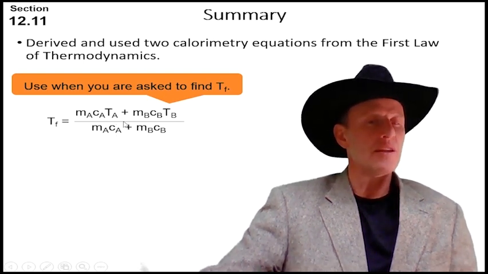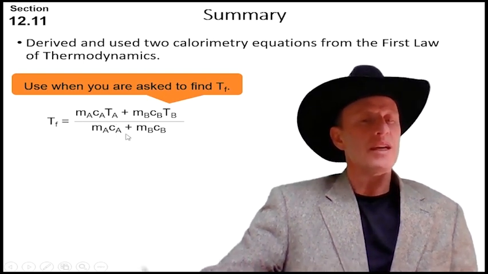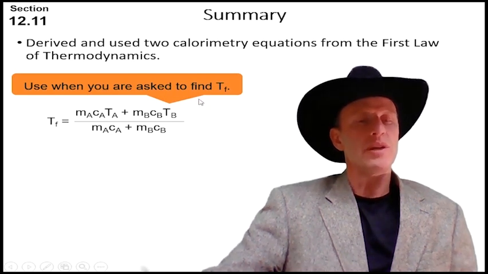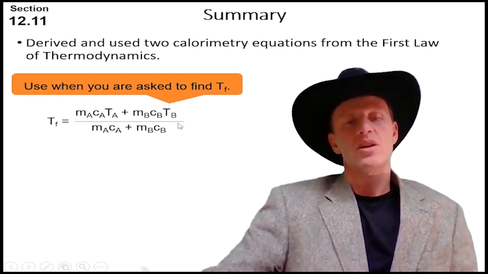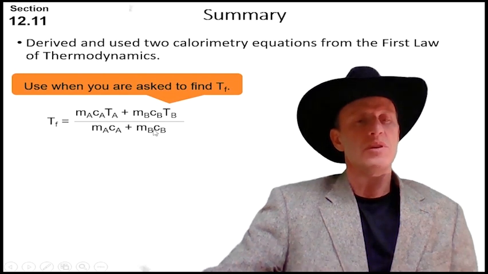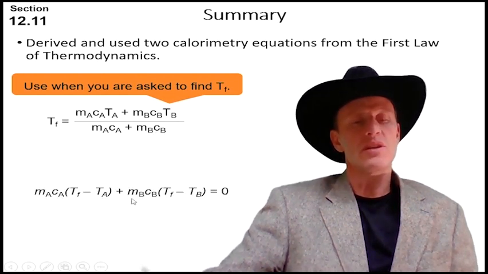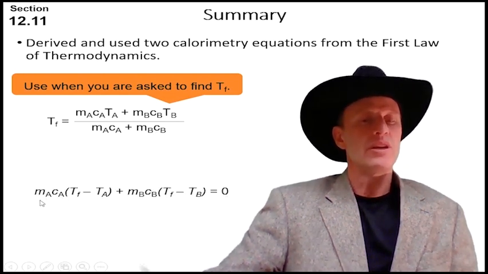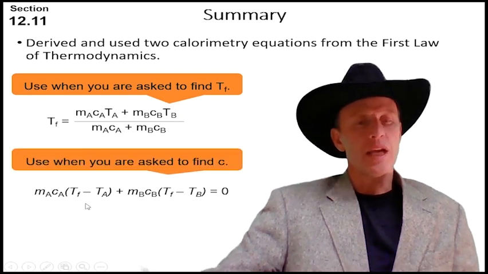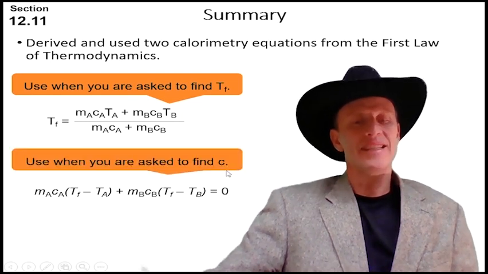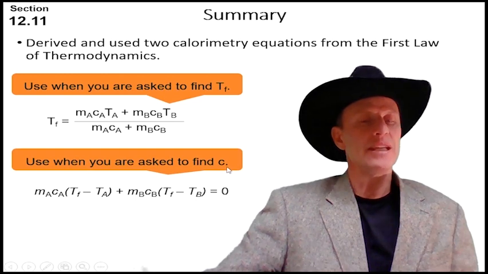The stuff on the left side of the plus is properties of item 1. The stuff on the right side of the plus are properties of item 2. And the other one we want to use is this long equation that we also derived. And you want to use this one when you're asked to find C, the specific heat of a metal.